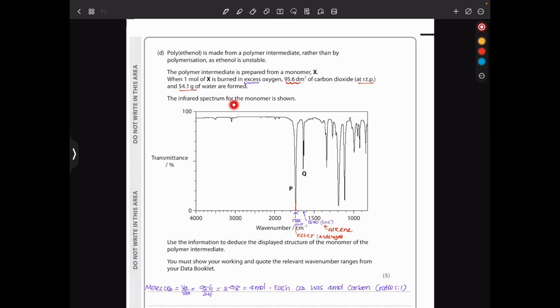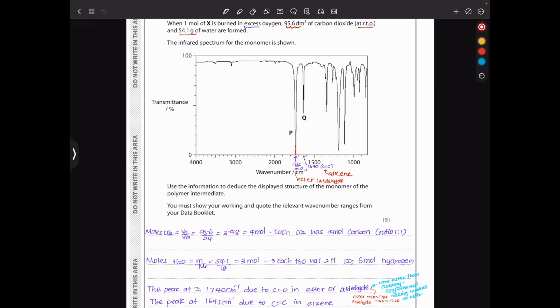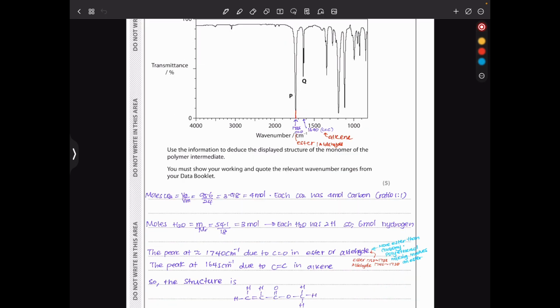The infrared spectrum for the monomer is shown. We can see this here, and there are peaks P and Q. The others are in the fingerprint region. They say use the information to deduce the displayed structure of the monomer of the polymer intermediate. You must show your working and quote the relevant wave number ranges from your data booklet.